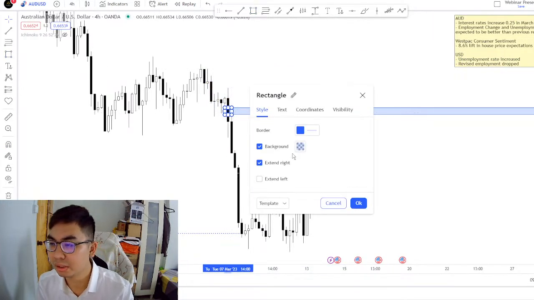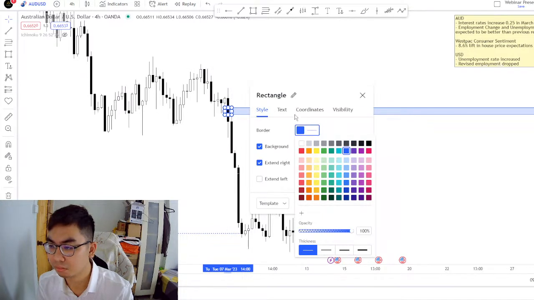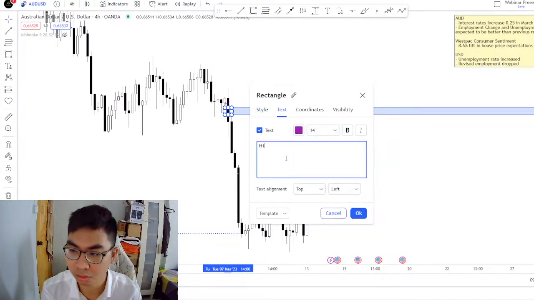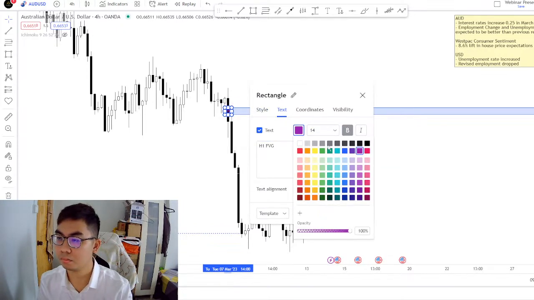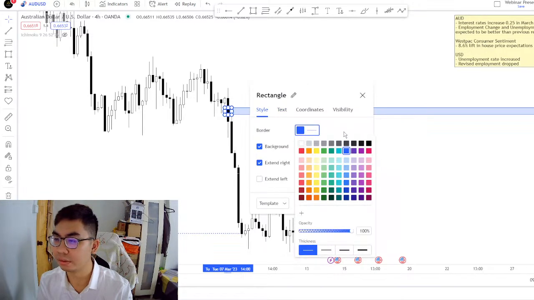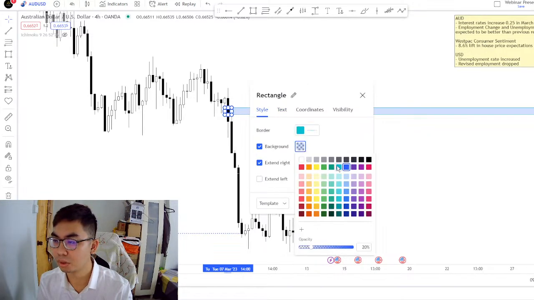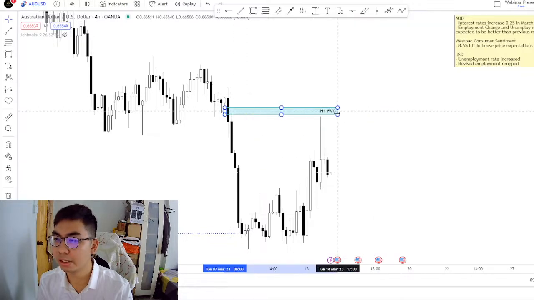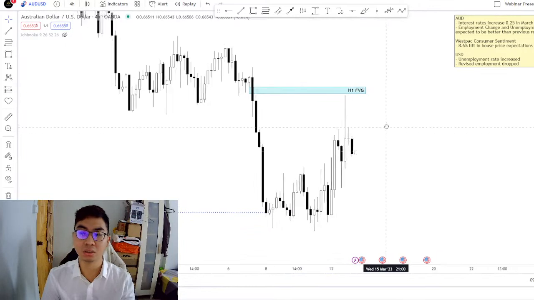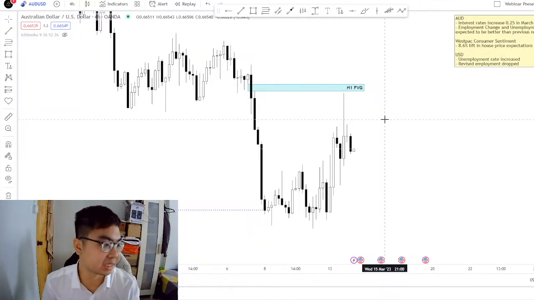Let me write this down. H1 fair value gap. This is an area that I'm quite interested in. This is quite clear cut. This is an area that I'm looking at for potential buys.